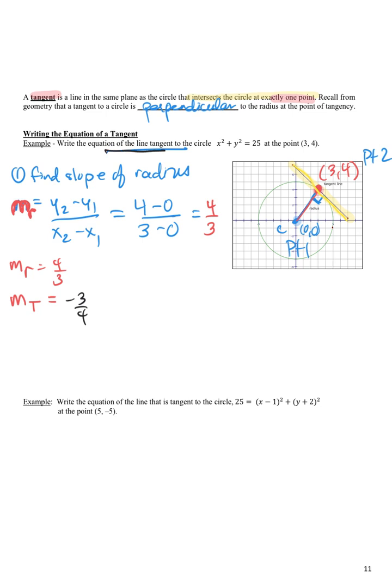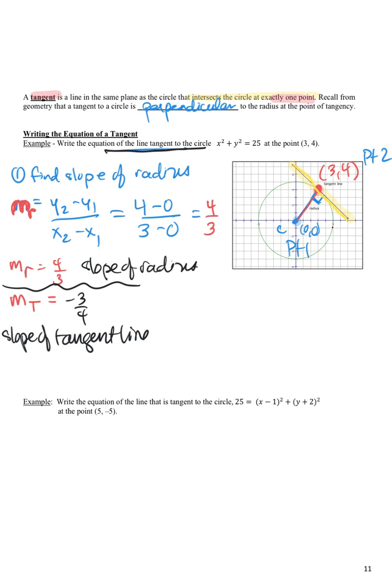I want to write the equation of the tangent line. So now I have the slope of the radius, the line segment that is the radius, and the slope of the tangent line. Now I can start writing the equation.